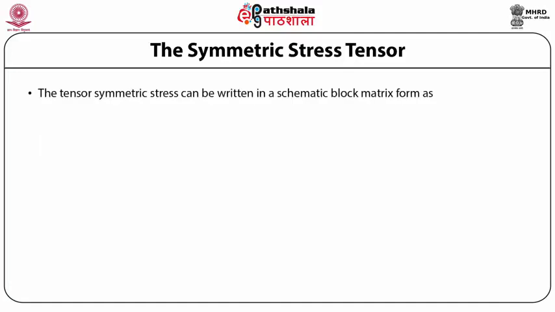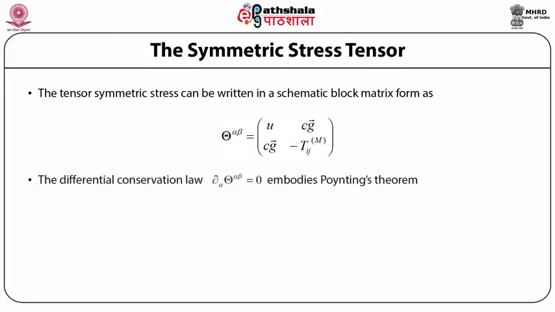The symmetric stress tensor can be written in a schematic block matrix form as phi alpha beta equals mu, c g, minus Tij m.